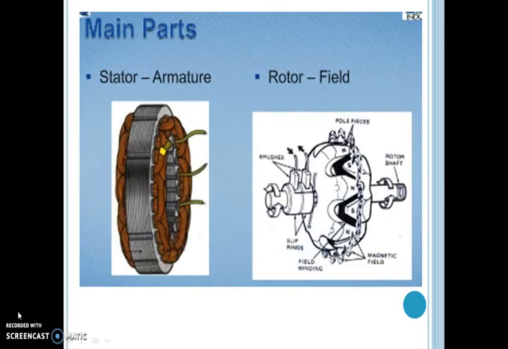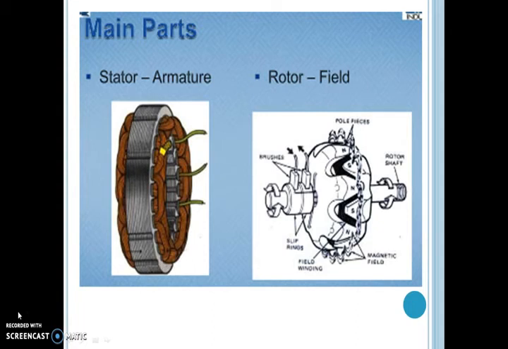And these synchronous machines, that is synchronous generator or alternator or AC generator, consist of two main parts, that is stator and rotor. The main difference between a DC generator and an AC generator is the construction of stator and rotor.